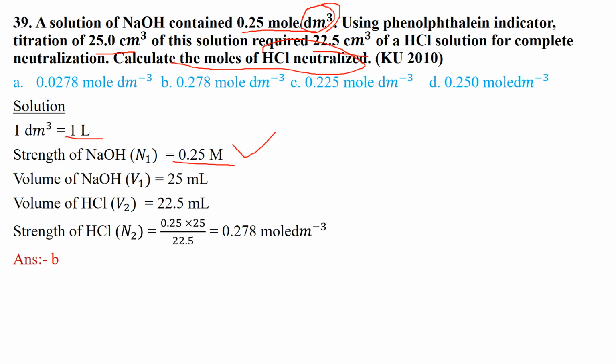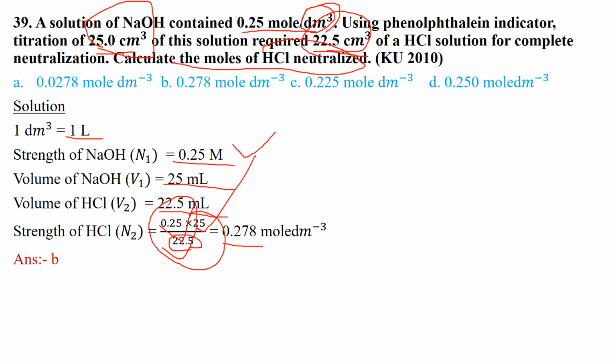Then volume of NaOH is 25 ml, 25 cm3 means 25 ml, and 22.5 cm3 means 22.5 ml. Then by using the normality equation, 0.25 is N1, 25 is V1 and 22.5 is V2. So the answer will be 0.278 moles per dm3.